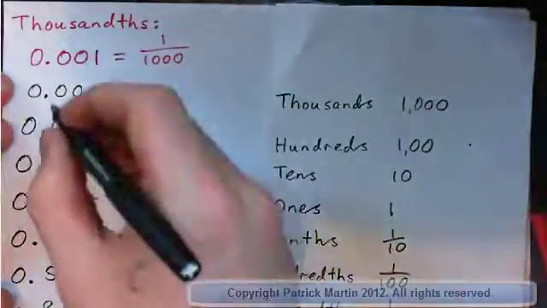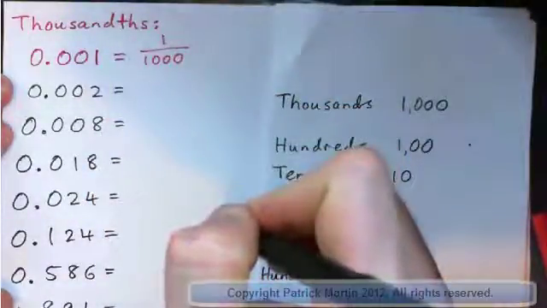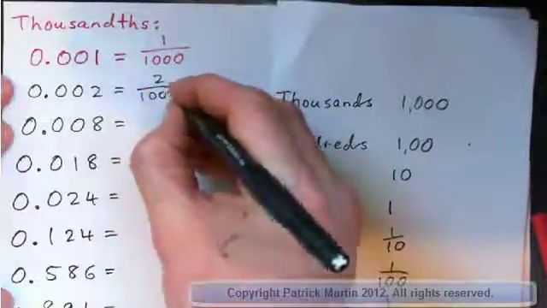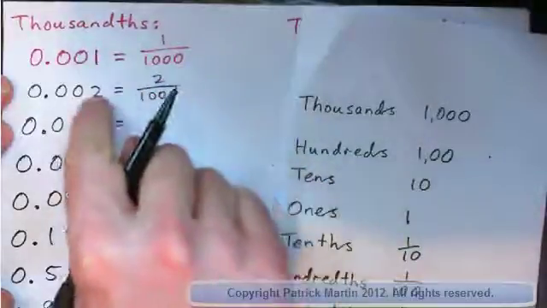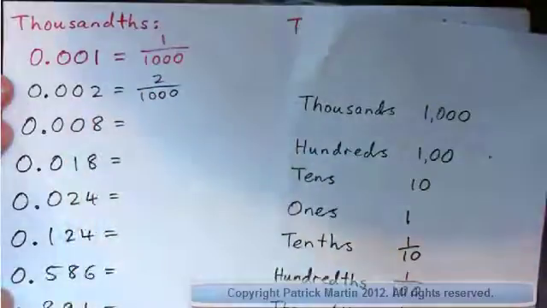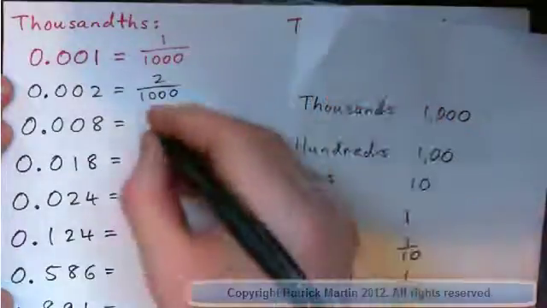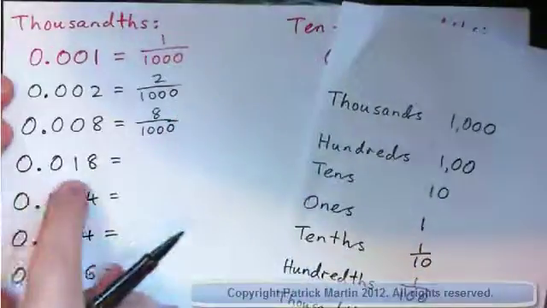So what do you think 0.002 is? 2 thousandths? Yep. We won't put them in lowest terms. Just the purpose of the exercise is just to turn the decimal into a fraction. Okay. How about 0.008? 8 thousandths? How about 0.018?